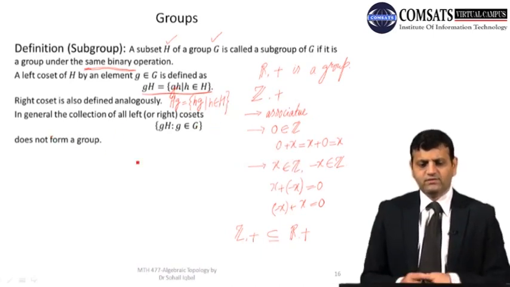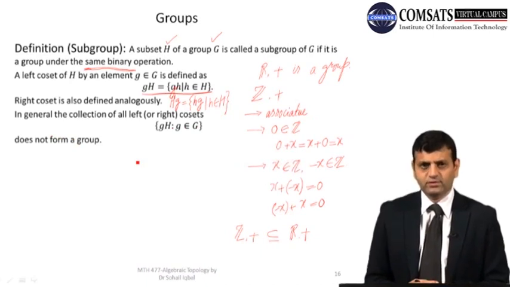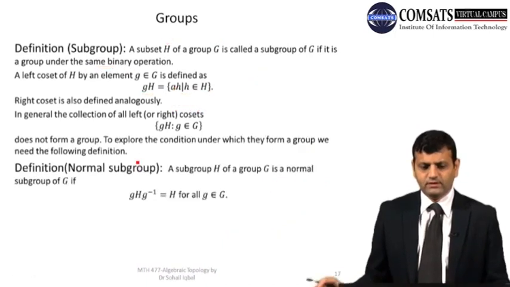So in general, the collection of all left or right cosets does not form a group, and there are conditions under which this collection of all left cosets or right cosets forms a group structure. So that condition is called a normal subgroup.